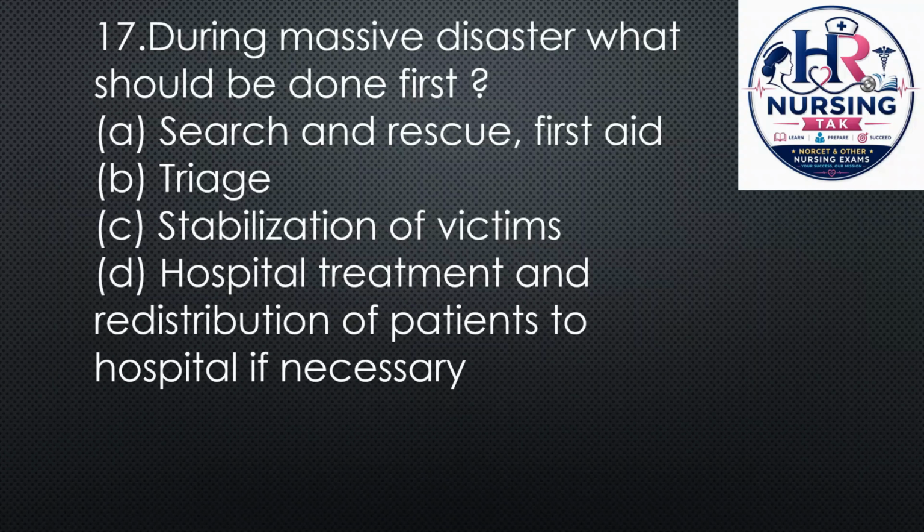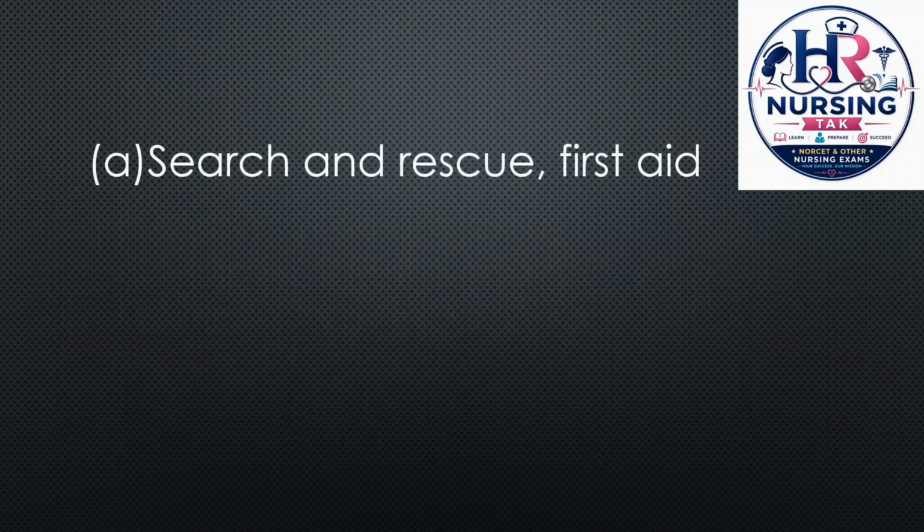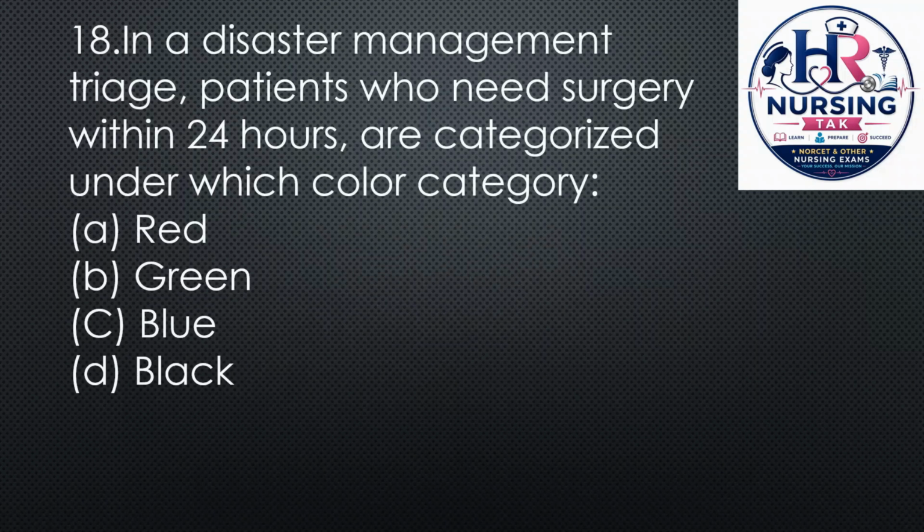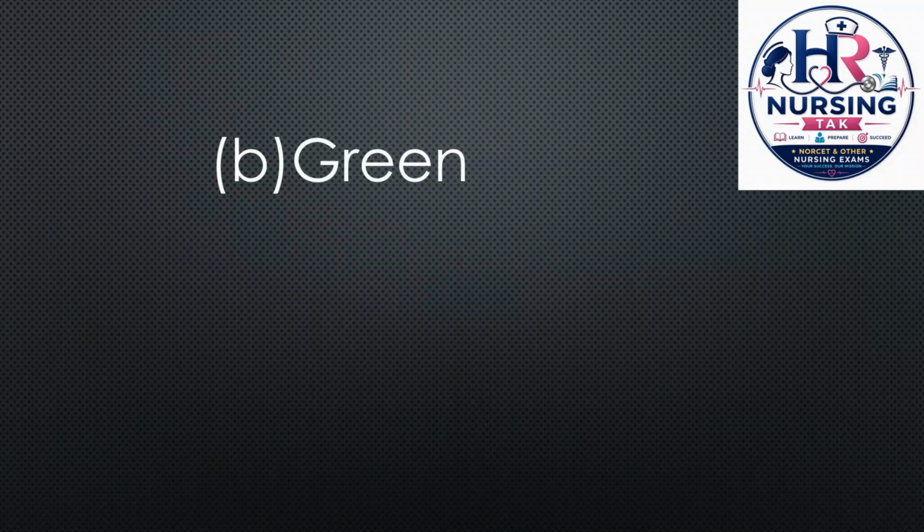D. Hospital treatment and redistribution of patients to hospital if necessary. Answer is A. Search and rescue, first aid. Question 18. In a disaster management triage, patients who need surgery within 24 hours are categorized under which color category? A. Red. B. Green. C. Blue. D. Black.